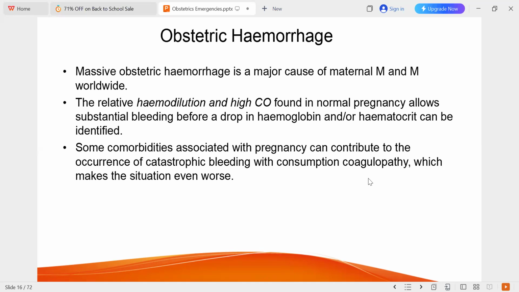However, some comorbidities associated with pregnancy can contribute to catastrophic bleeding, especially with consumption coagulopathy, which makes this situation worse.